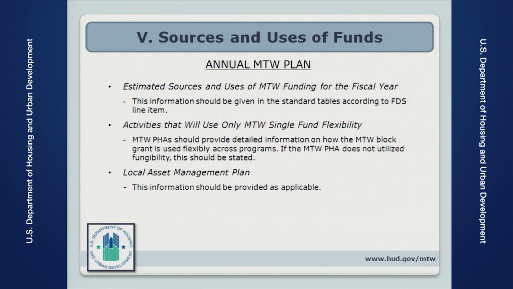That's authorization B1 from attachment C and no other waivers. You're reminded that the list of eligible single fund expenditures outlined in authorization B1 are not all items that you can implement with authorization B1 alone. Some of them do require other authorizations, but those are just talking about the ways you can use your funding under MTW. So if it's only using single fund flexibility, you would report it here.